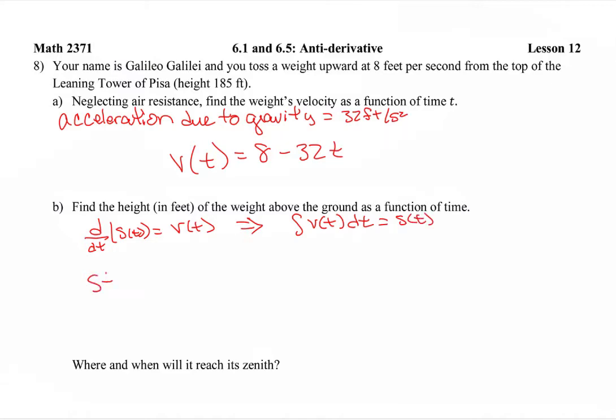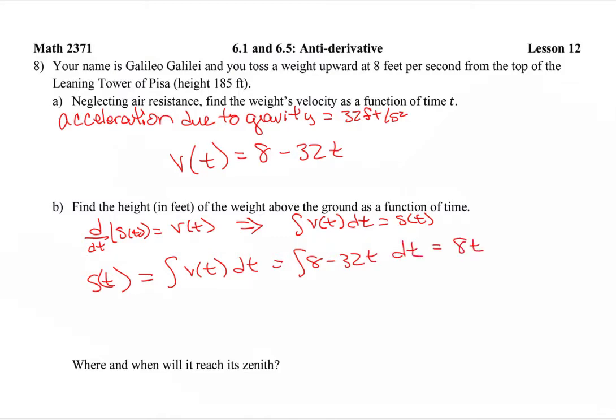So S of t equals the integral of v of t dt, which equals the integral of 8 minus 32t dt.